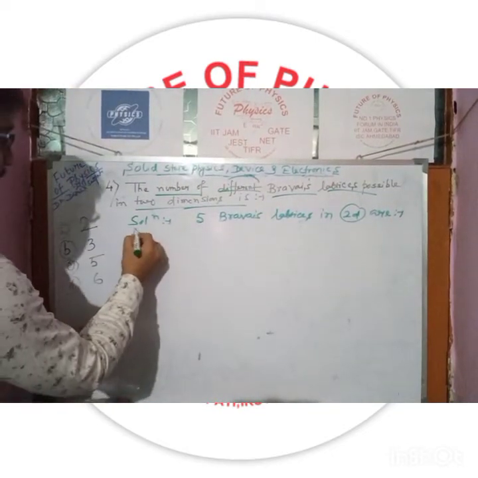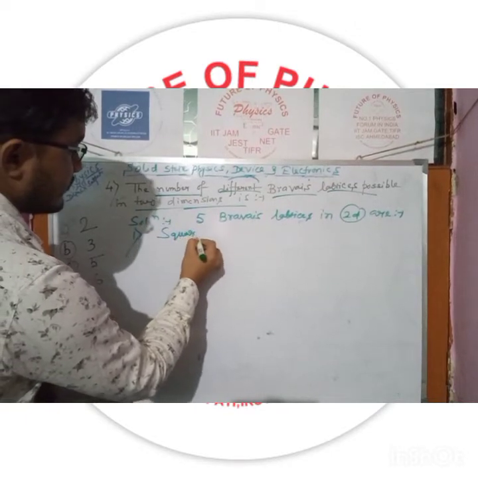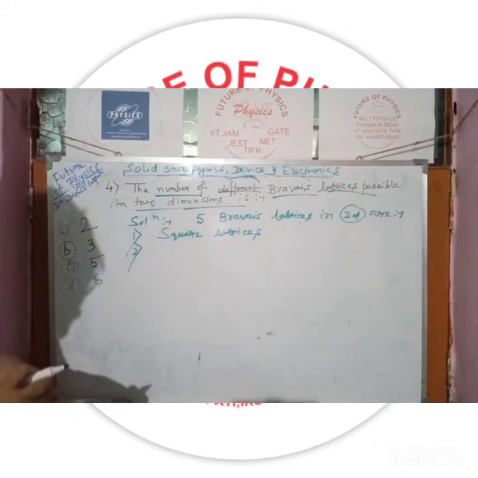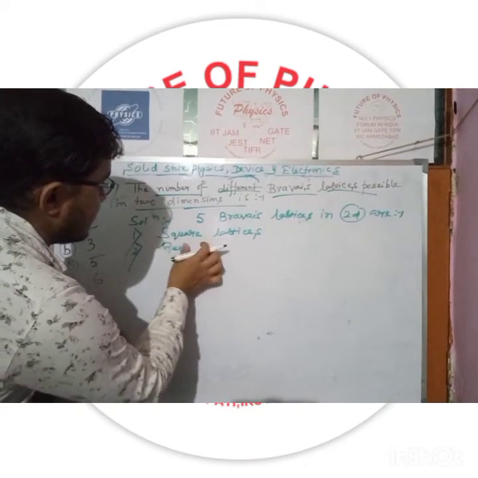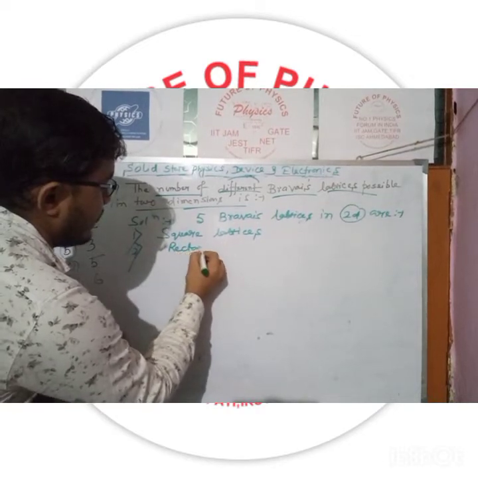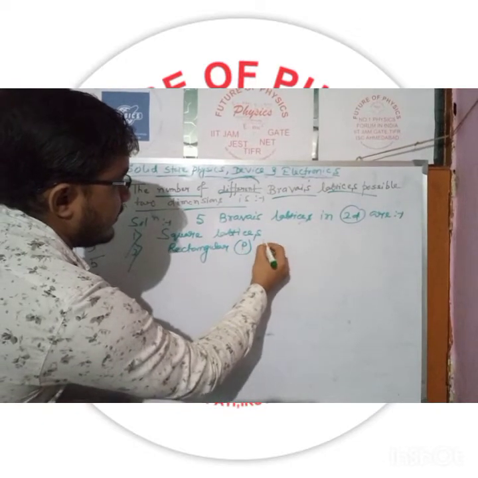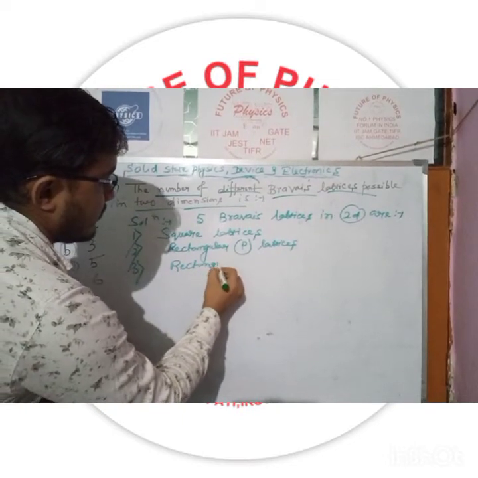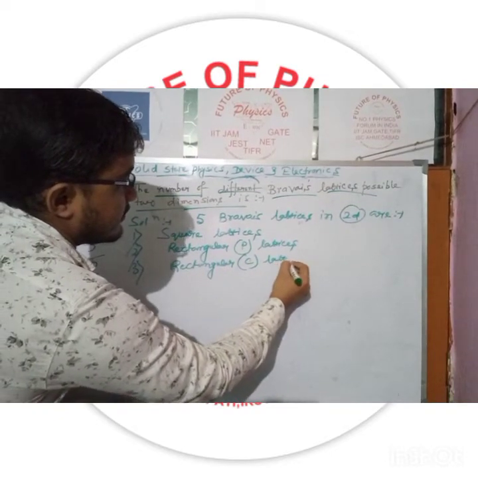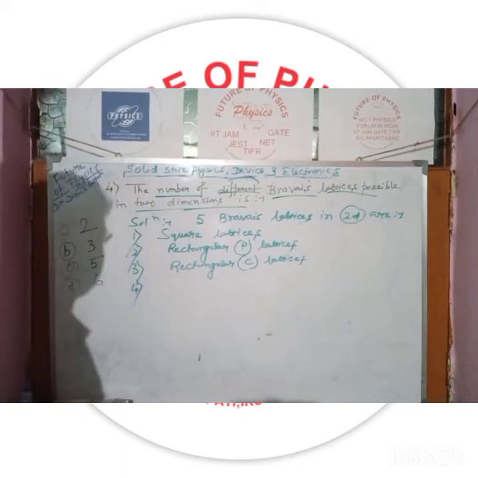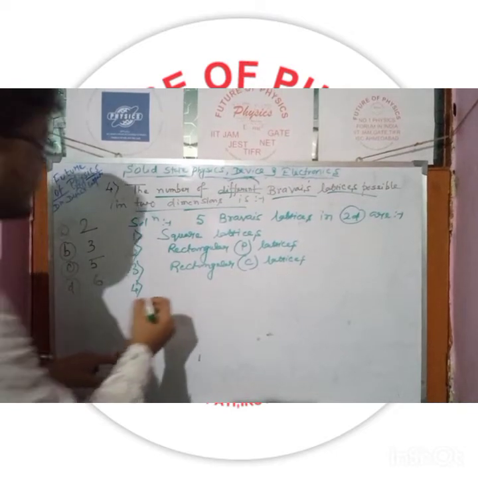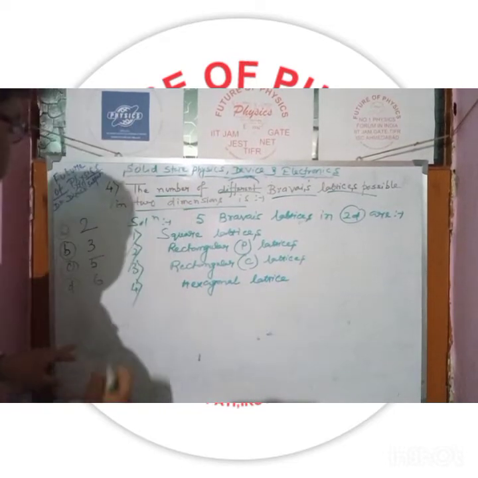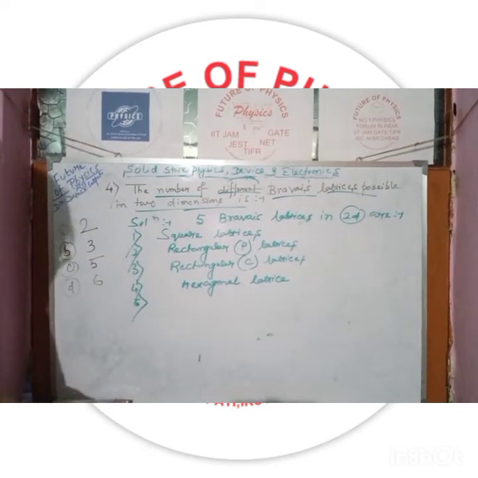The 5 Bravais lattices in 2D are: 1, square lattice; 2, rectangular P lattice; 3, rectangular C lattice; 4, hexagonal lattice; 5, oblique lattice.